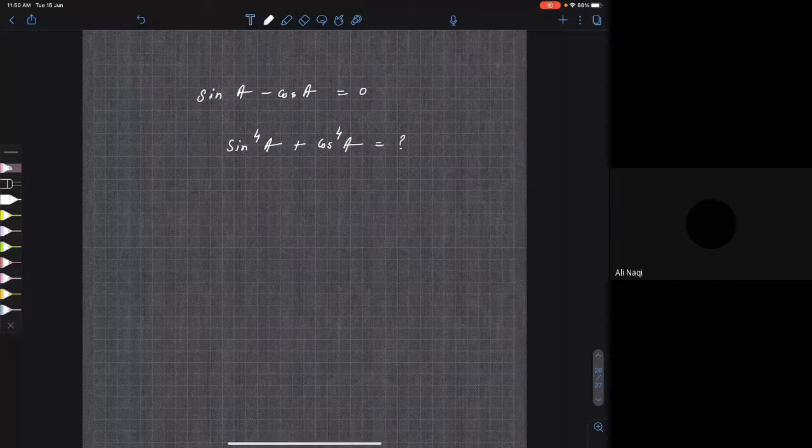I think we discussed a similar kind of question in the last class. So tell me, when is sin A minus cos A equal to 0?